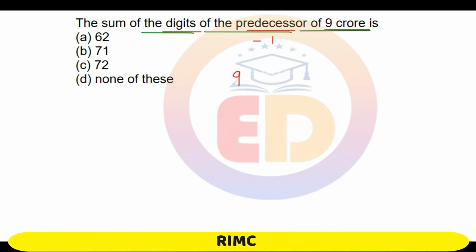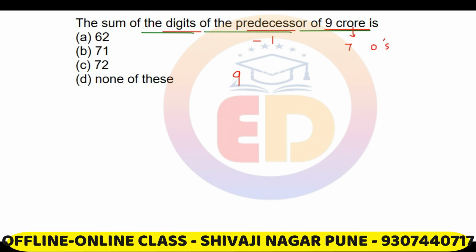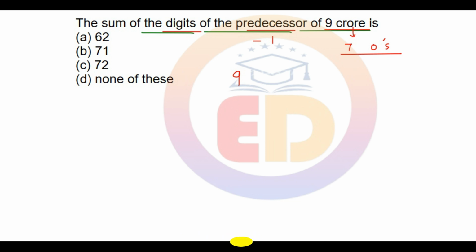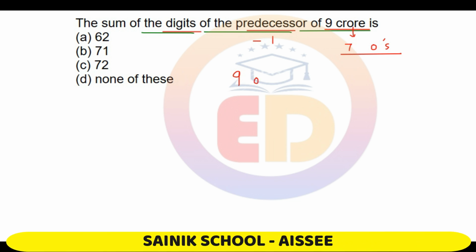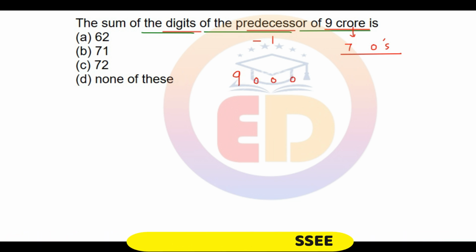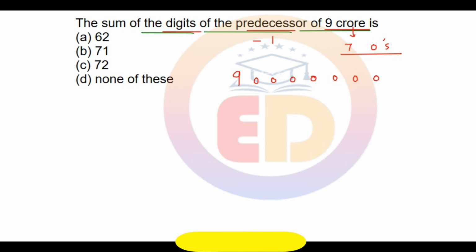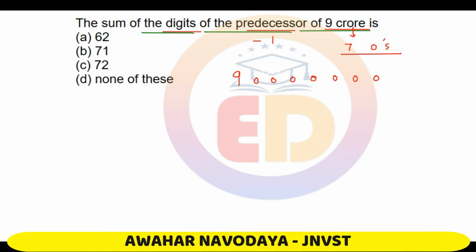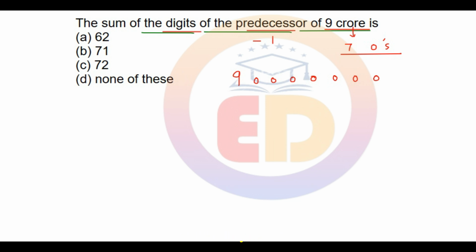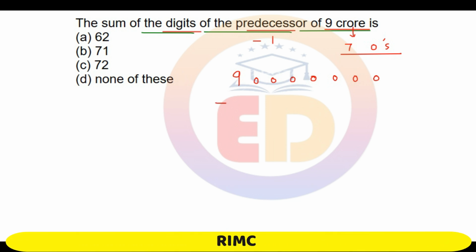Remember a simple point that crore means 7 zeros. So after 9, I will put 7 zeros: 1, 2, 3, 4, 5, 6 and 7. This is 9 crore. And the predecessor of this number is obtained by subtracting 1.